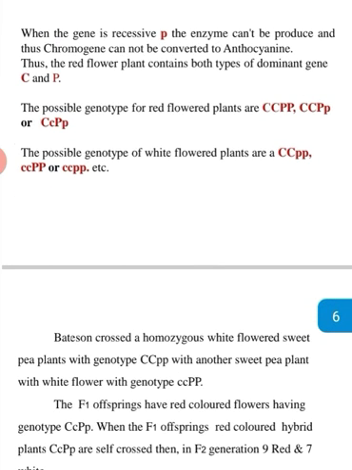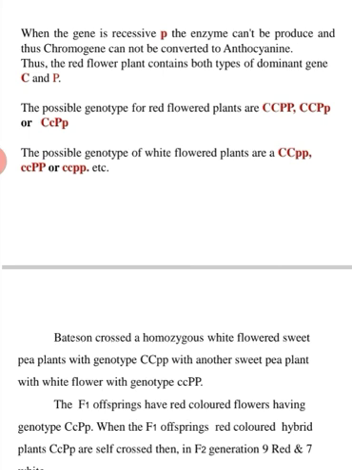The possible genotypes of the white flowered plants are capital C, small p; small c, capital P; or both small. Here again remember that in the white flowered plants, only one dominant gene is present.